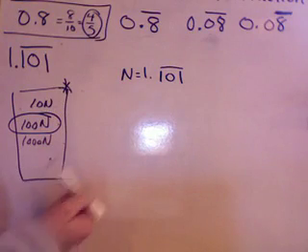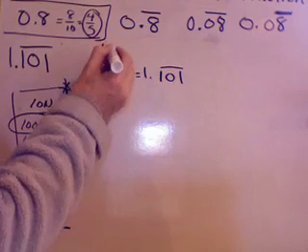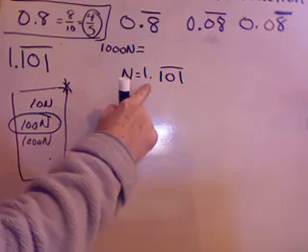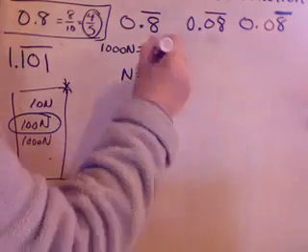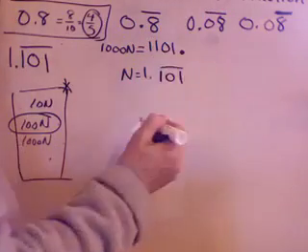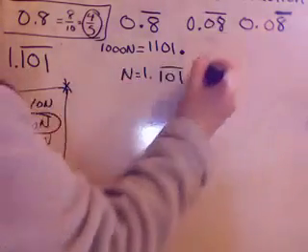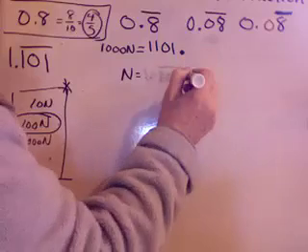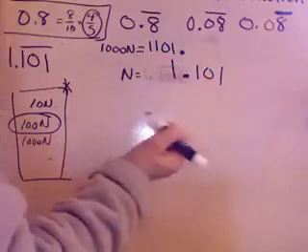What do you think? 3 numbers repeat, use 1,000. 1,000n equals, that means I have to multiply this by 1,000. 3 decimal places, so 1101 point. Let's fix this so that everything lines up properly. It was 1.101.